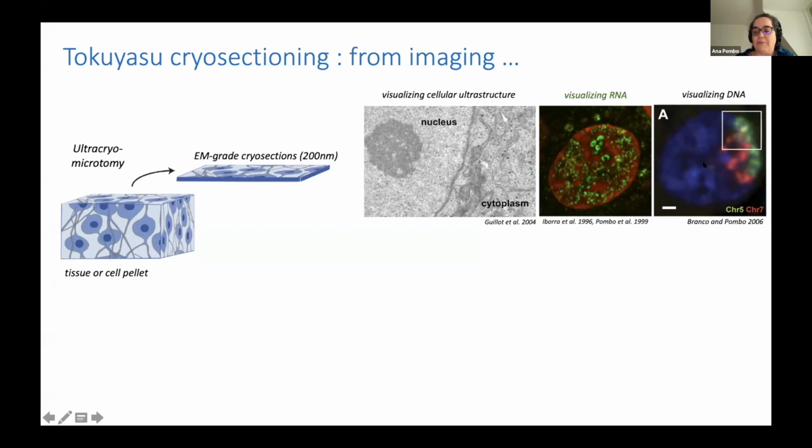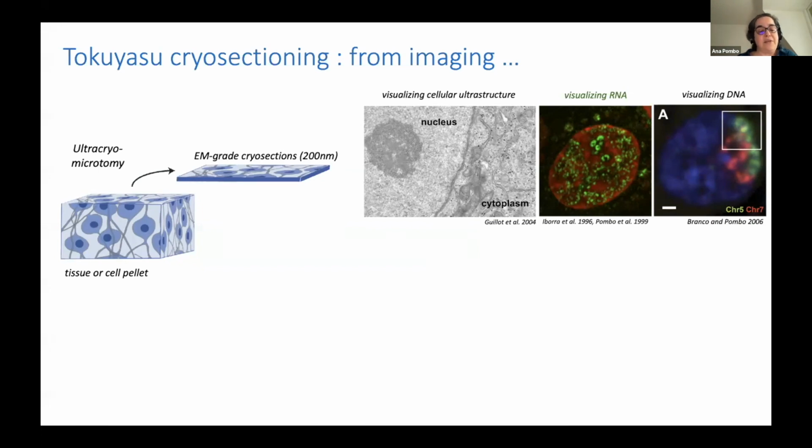And at this point, it became really clear that we had to move from imaging, and in particular from looking at specific loci one at a time, to analyzing multiple aspects of 3D genome topology, and also across the whole genome, all in parallel. And so this has been our driving ambition since then.